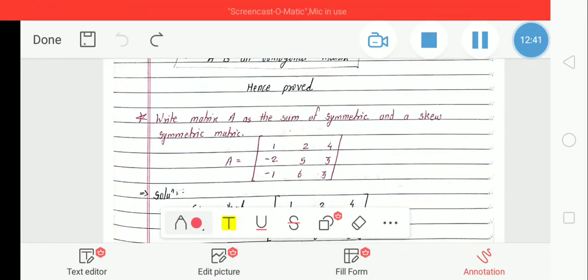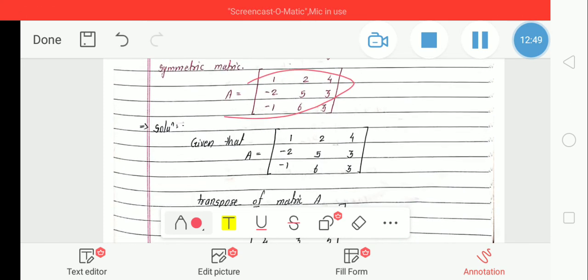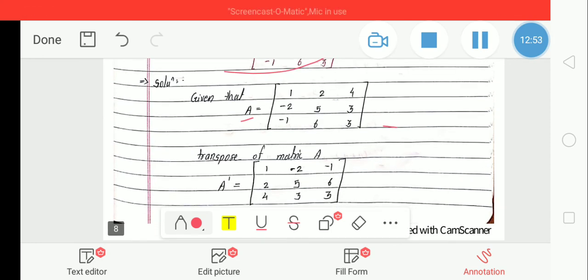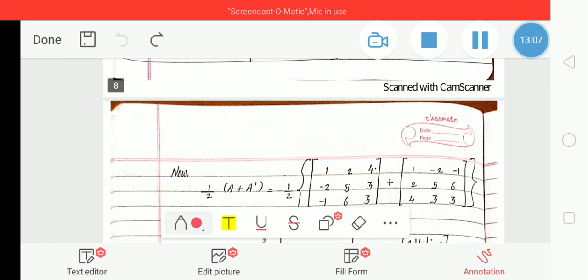Now, next example. Write a matrix A as a sum of a symmetric and a skew-symmetric matrix. Given this is matrix A, a 3 cross 3 matrix. The transpose of A, we interchange row and column, and for the third row and third column as well, so we get the transpose of A, meaning A dash.